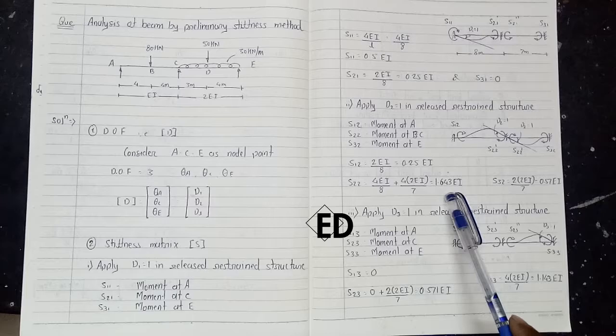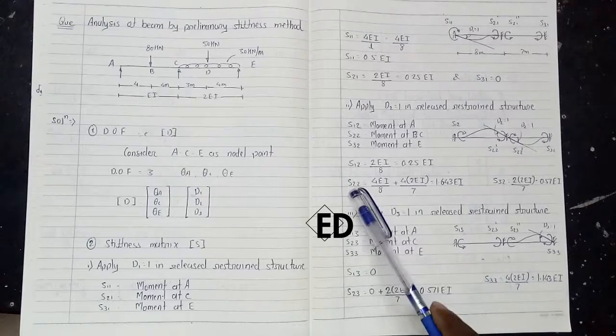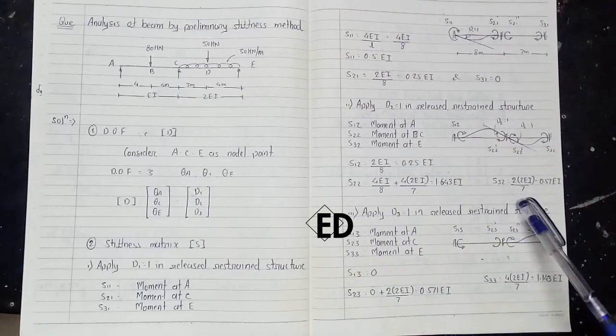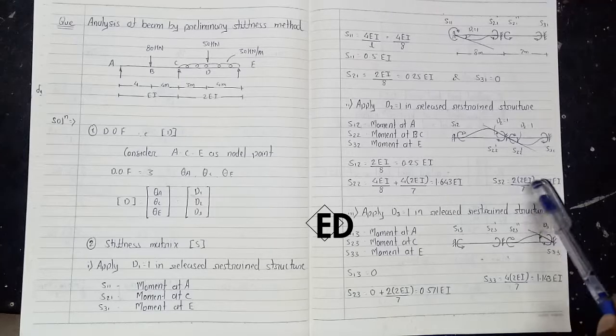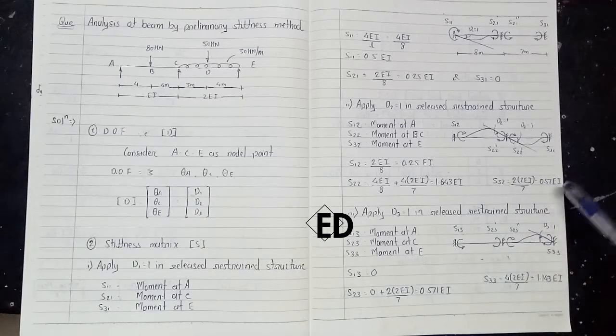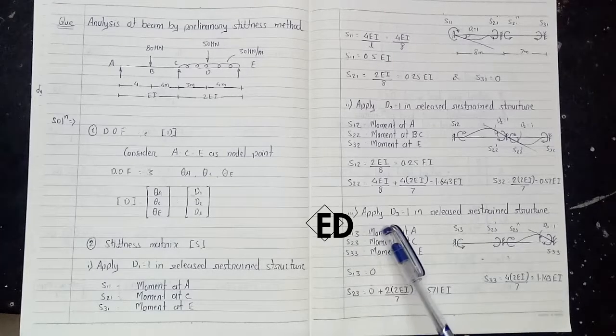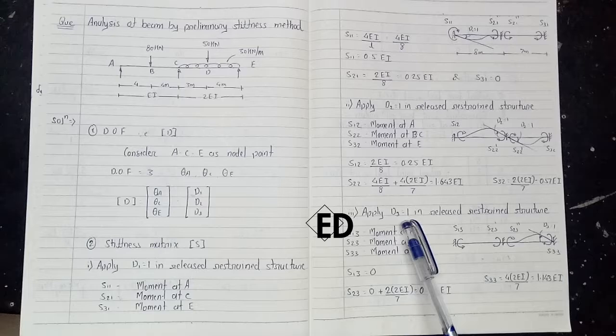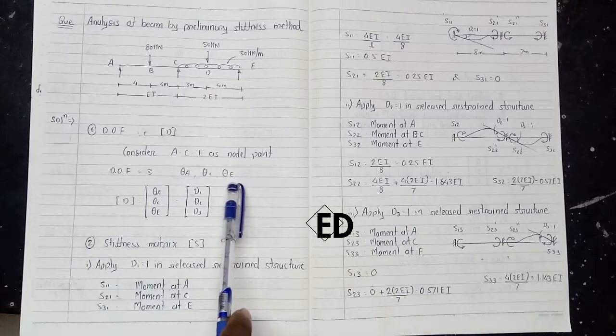So we directly get 1.643 EI for S22, and S32 is 2 in bracket 2EI by L, which is 0.57 EI.